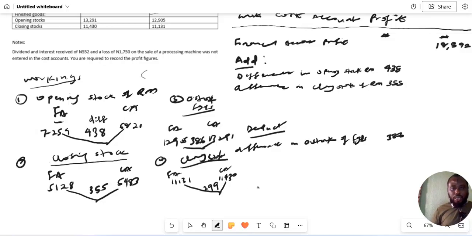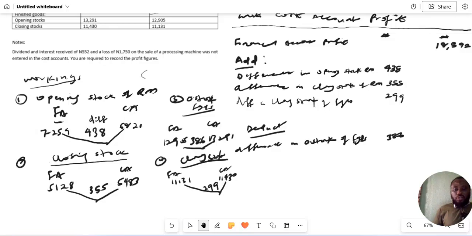So we're going to add back this closing stock difference. Add back difference in closing stock of finished goods. That is 299.